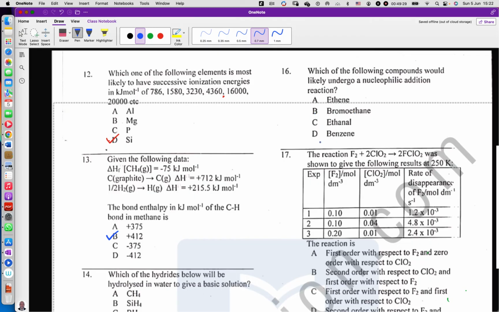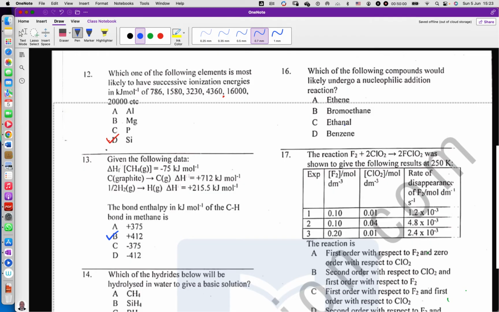It cannot go with benzene because only substitution will go with the hydrogen on the benzene ring. But something that will undergo a nucleophilic addition is only ethanol. Ethanol is the only compound that will undergo nucleophilic addition.